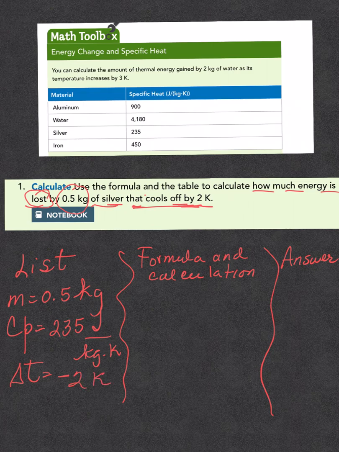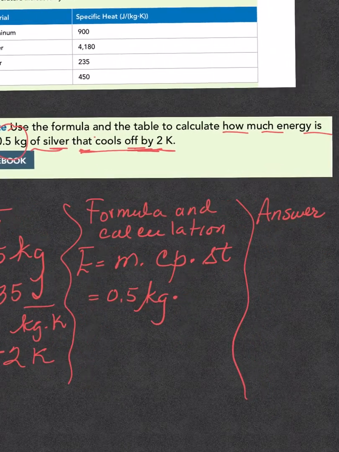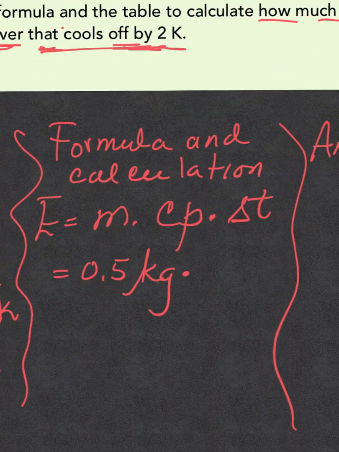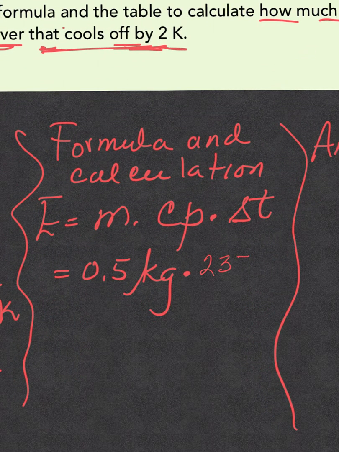My formula: the energy is equal to the mass multiplied by the specific heat multiplied by the difference in temperature. So now I have 0.5 kilograms multiplied by 235 joules per kilogram Kelvin multiplied by negative 2 Kelvin.